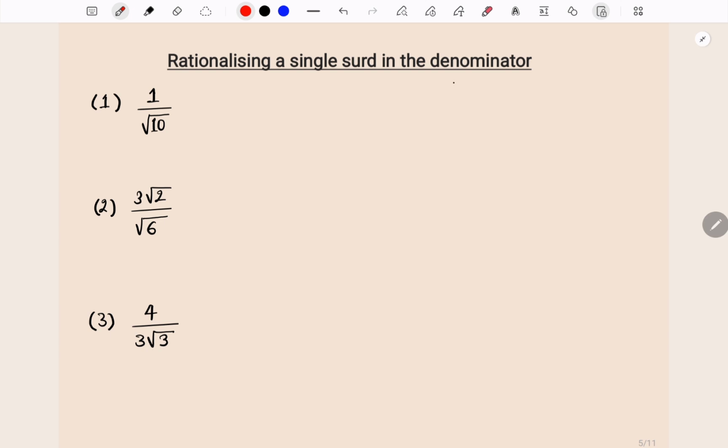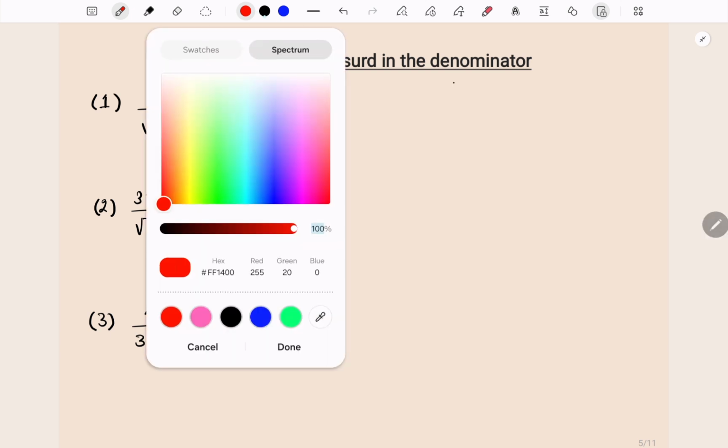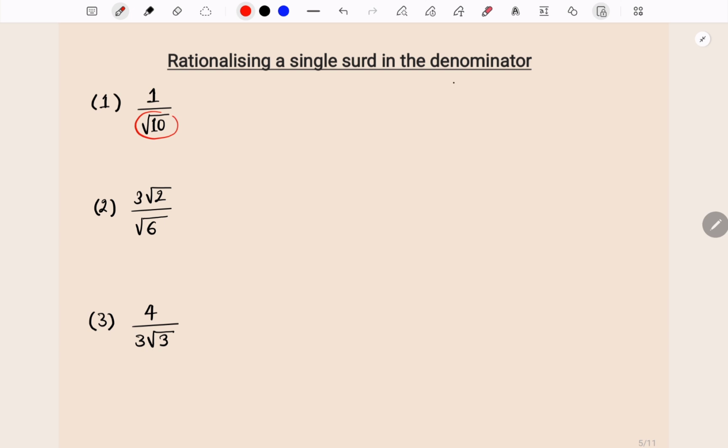Now we will try to rationalize some denominators which contain a single surd. So the first question is 1 over root 10. Here the denominator contains only one surd, that is root 10. We can multiply this fraction with root 10 over root 10, right?